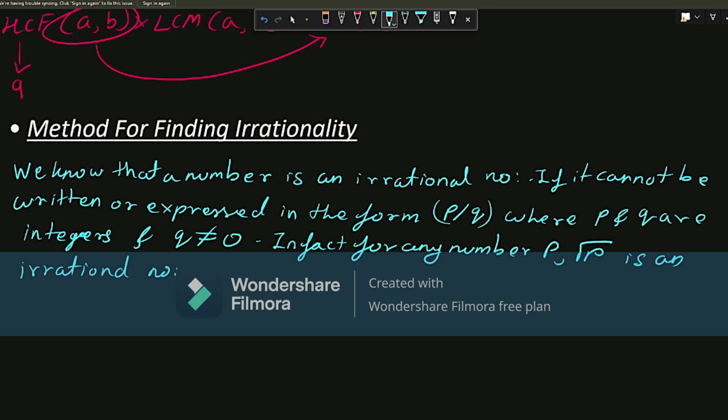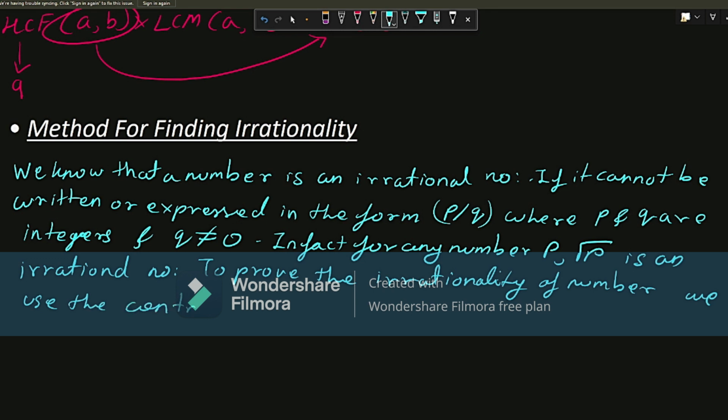Okay, to prove the irrationality of a number, we use the contradiction method.